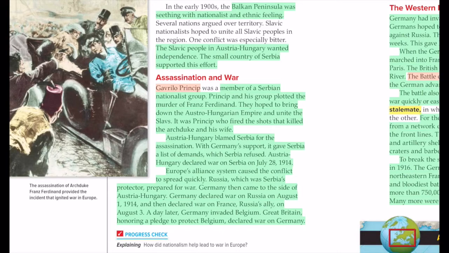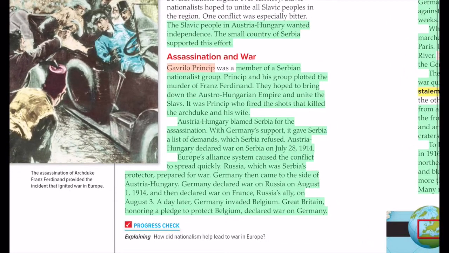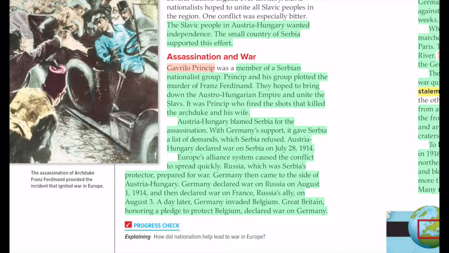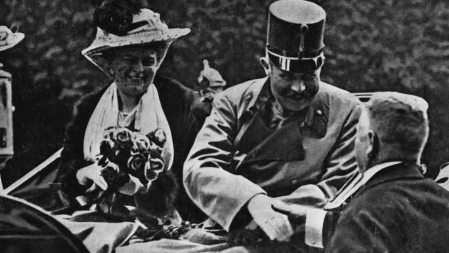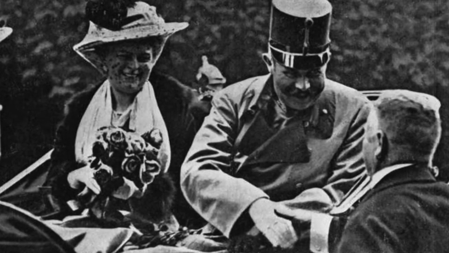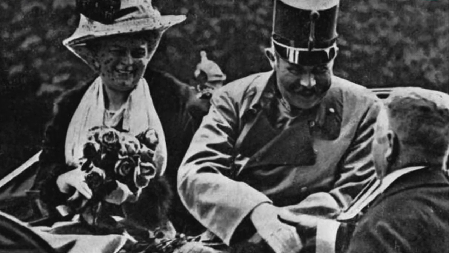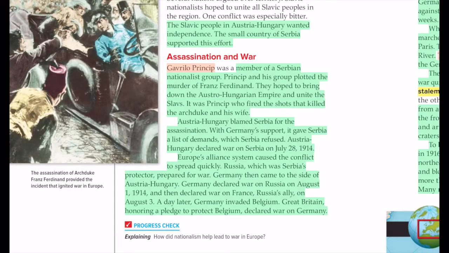Well, unfortunately, Gavrilo Princip, a member of a Serbian nationalist group, plots the murder of Franz Ferdinand and his wife. They were in Sarajevo, and they got killed, assassinated while in their car, as you can see in the picture there.